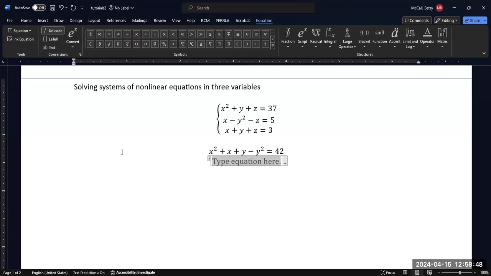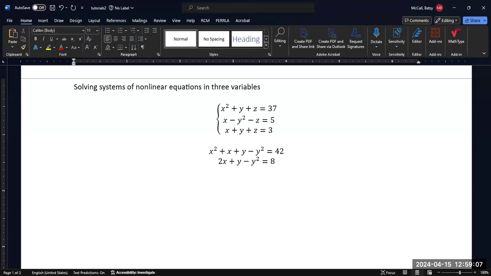And then in the second equation, if I add the third equation and the second equation together, I get 2x plus y minus y squared. The z's cancel, is equal to 8. All right, so that's an improvement.